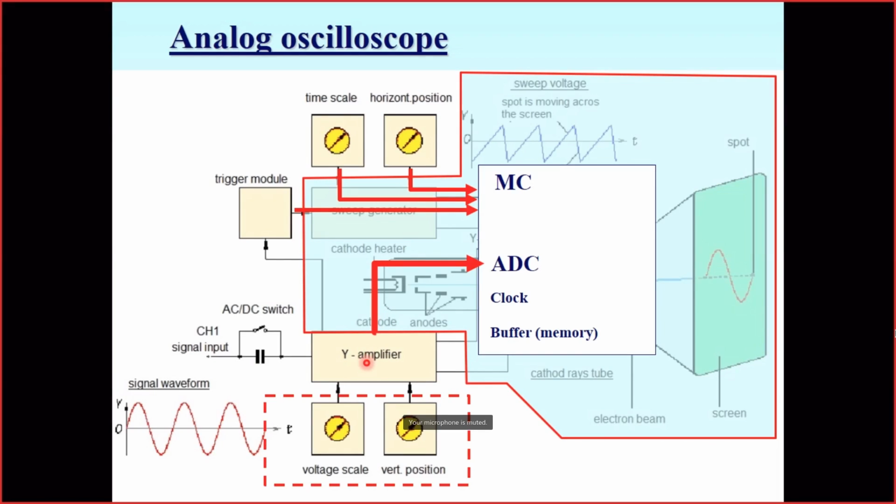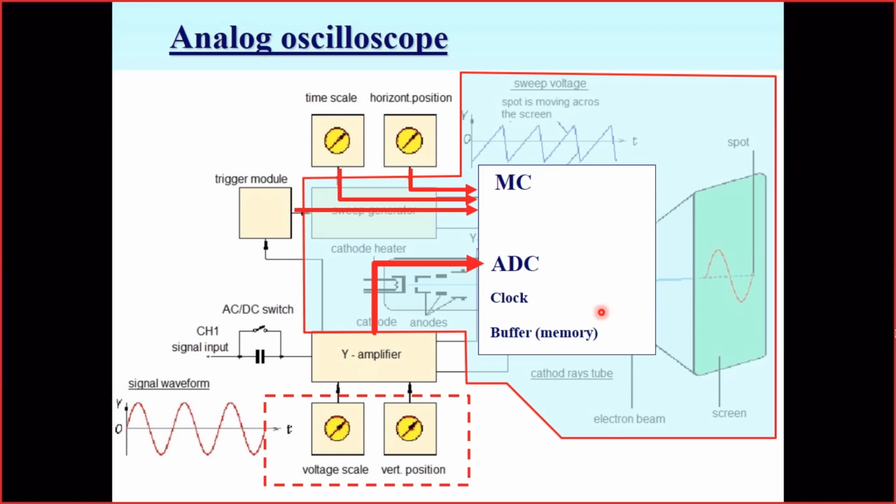The measured voltage is converted with the analog-to-digital converter, transferred into digital form, and the scope depicts it on some kind of screen, as a computer does.